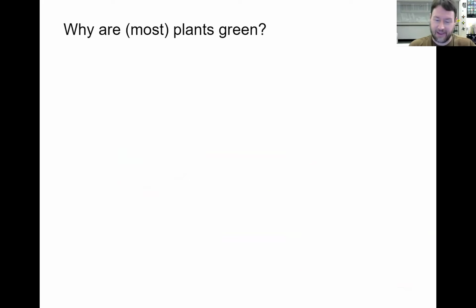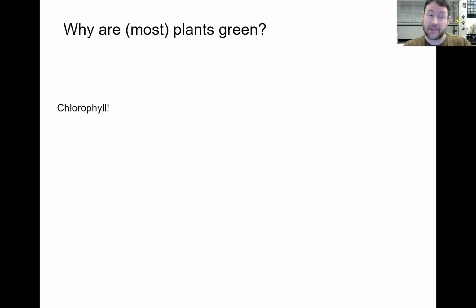Well, okay. But most plants are green, right? So why are plants green? Well, we could say they're green because the chloroplasts are green, right? Well, why are those chloroplasts green? Well, if we look at those thylakoid membranes, they have chlorophyll embedded in them. Chlorophyll is actually a lipid.